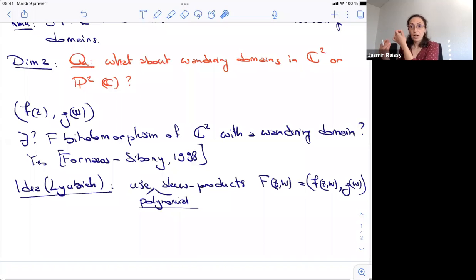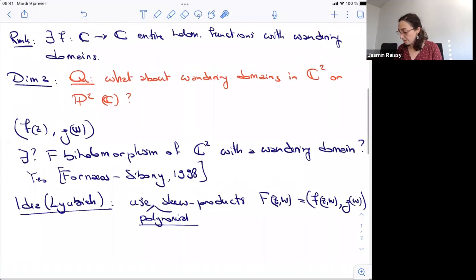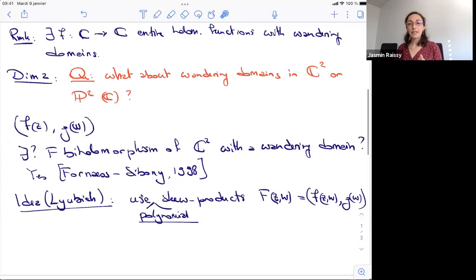Okay, so I hope I made it a little more clear why I'm so interested in finding a wandering domain for a polynomial map in C2, and I'm not asking for more exotic maps. So here, well, I think maybe it's better to do it like this. Do you mind if we go to higher dimension straight away like this? As you see, I'm not doing it in a very weird way.